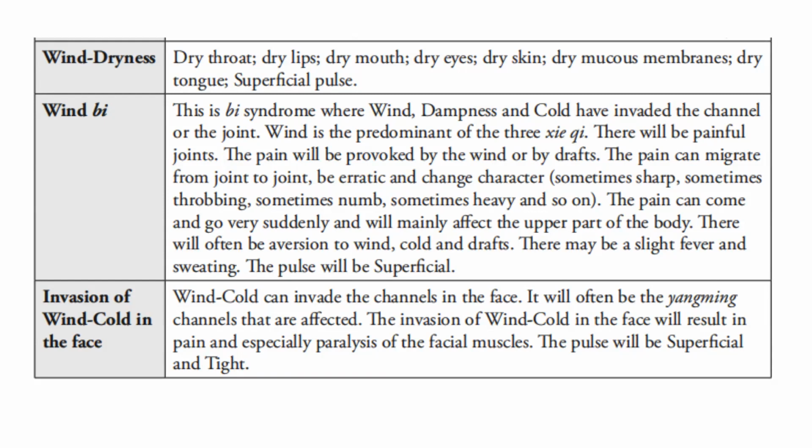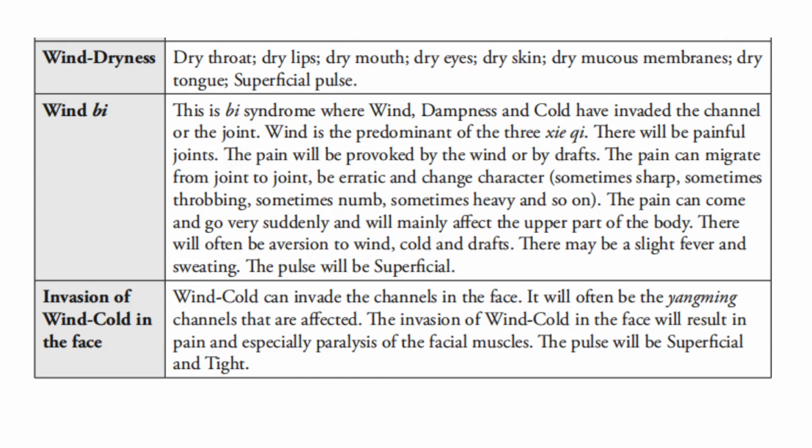In wind B, this is a B syndrome where wind, dampness, and cold have invaded the channel or the joint. Wind is the predominant of the three pathogenic chi. There will be painful joints. The pain will be provoked by the wind or by drafts. The pain can migrate from joint to joint, be erratic, and change character.